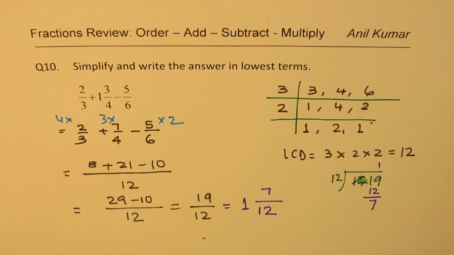We started with simple questions by comparing fractions, then we understood how to add fractions, subtract fractions, multiply. In between, we took related word problems and they helped us to understand the concepts better. So finally, we are winding up with a simple question where again we learned how to find the lowest common denominator in the most efficient way and how to add and subtract fractions with a common denominator.